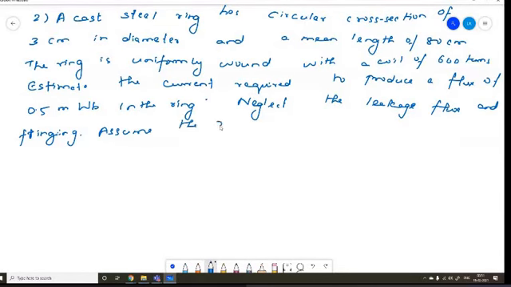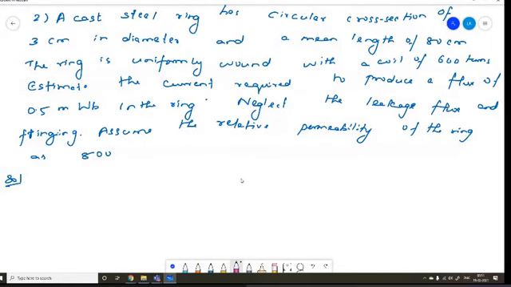So assume the relative permeability of the ring as 800.